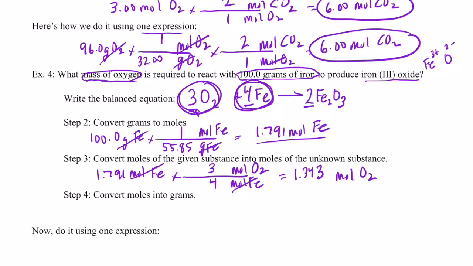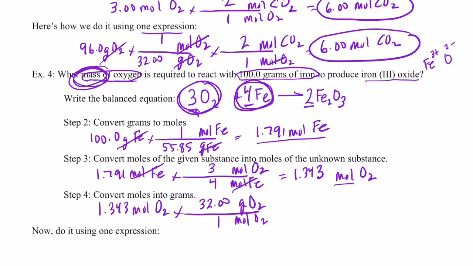Well, I didn't want to know moles of oxygen. I want to know mass of oxygen, don't I? So our last step is to convert 1.343 moles of oxygen into grams. So I'll multiply by a line, and we'll put moles of oxygen on the bottom, grams of oxygen on the top. Remember, 1 mole of oxygen we just had in the previous problem is 32.00 grams.